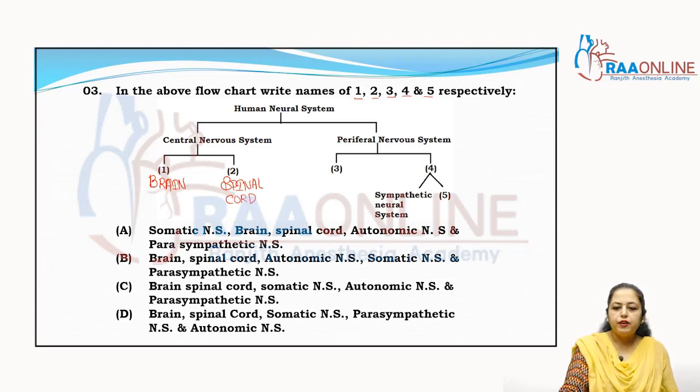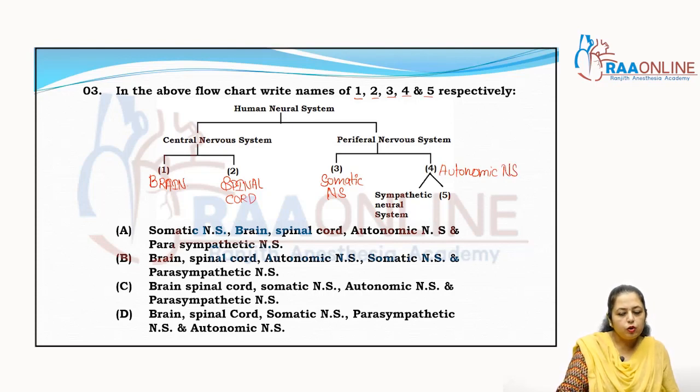Now that peripheral nervous system is divided into the somatic nervous system and the autonomic nervous system, right?